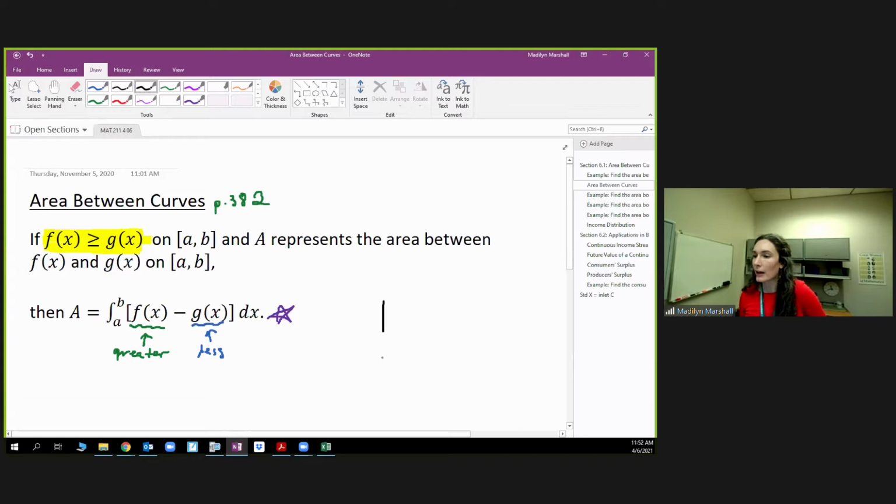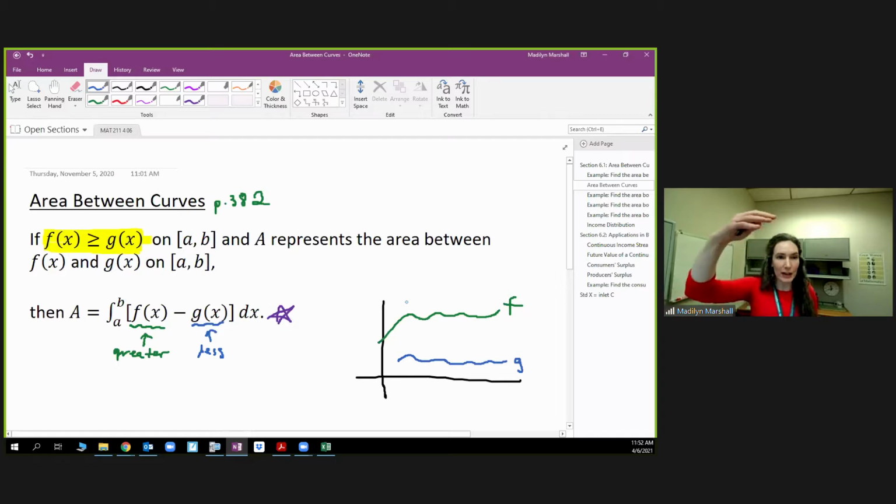So if we have a graph, this could be f, this could be g, and in this case we would be doing f minus g because f is on top. So we're going to see a couple of examples where we might need to put the g in front.